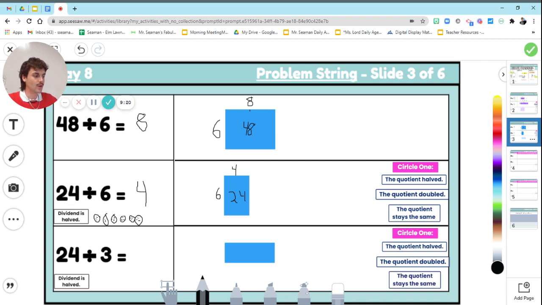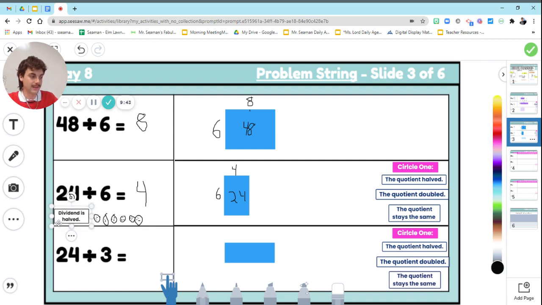All right. So the dividend stayed the same. But remember, we want to compare it to the end. So from the beginning to the end, the dividend was halved.